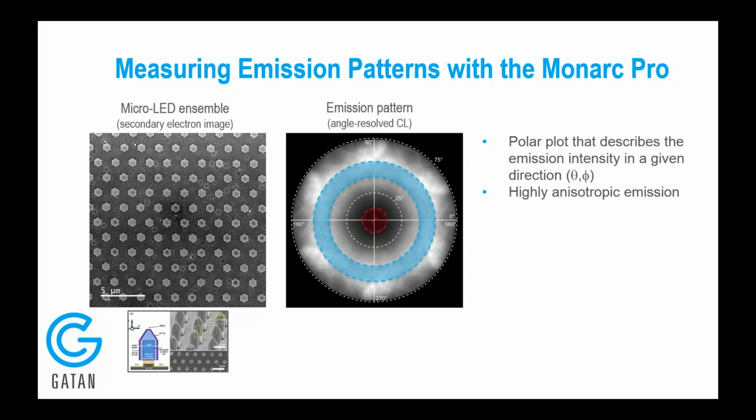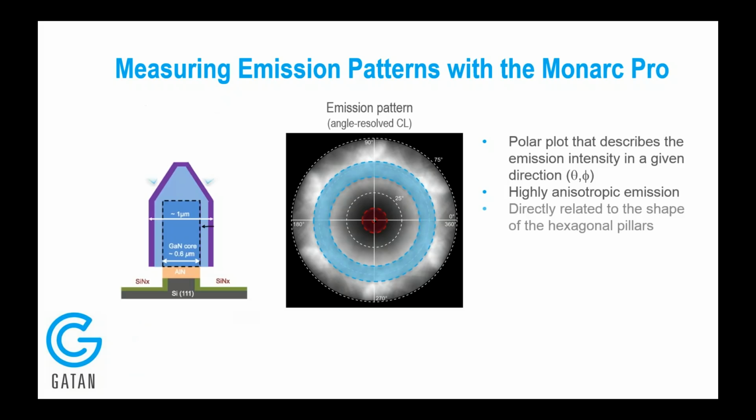But when we relate this back to the sample structure, it becomes more obvious why. The sample in cross-section has this type of schematic diagram, and the facets that you see here and here are inclined to the surface normal at about 50 degrees. So the light preferentially comes out at those facets, and very little light is emitted straight back up towards the direction from which the electrons came.